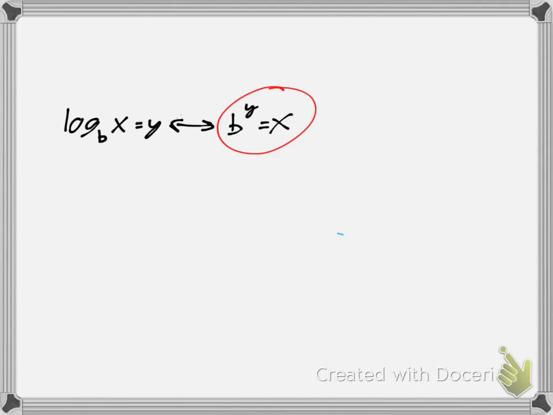B to the power of y equals x. So whenever you say b to the power, this b here is called your what? Let's start this easy. This y is called your exponent.